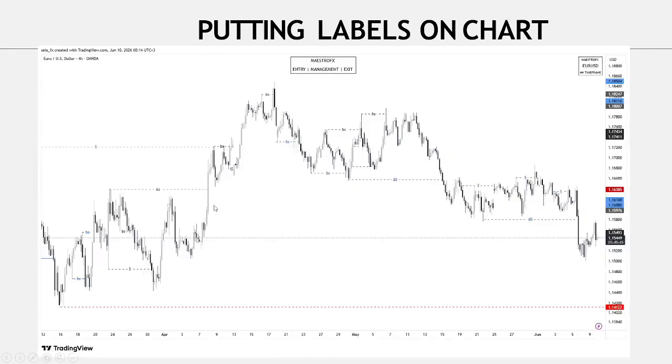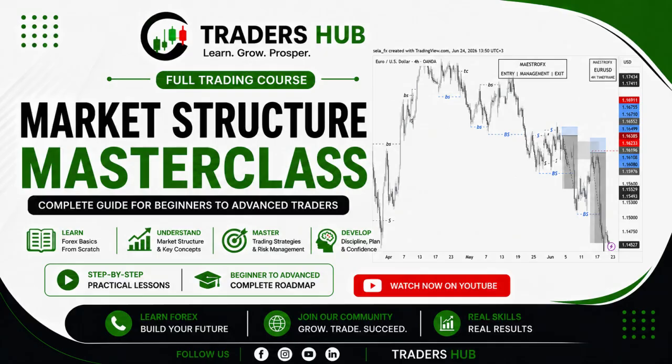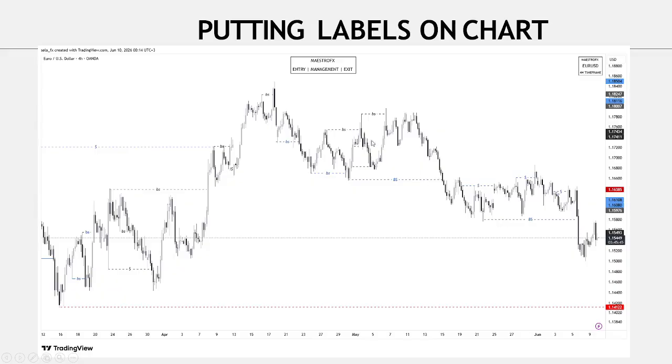Moving forward, this is now the chart with labels. You can pause and look at it. I don't want to dive too deep, but these are just a sequence of supply, demand, supply, demand, supply, demand.